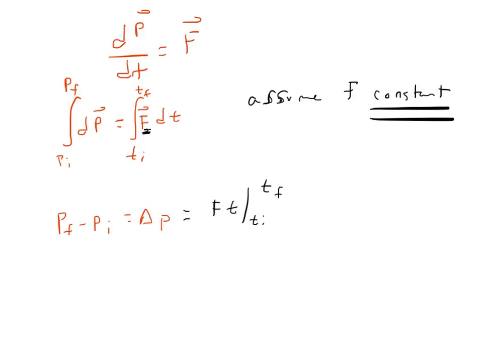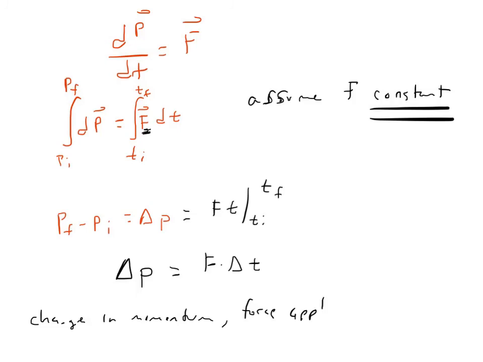And so we get this very important expression, which is that the change in momentum equals F times change in time. In other words, we get a change in momentum when force is applied over some time.